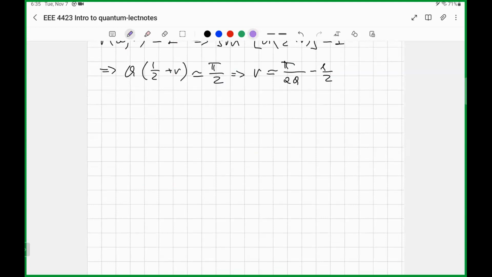So theta over 2 is approximately equal to 1 over square root of N. And from here we conclude that theta is approximately equal to 2 over square root of N. Now I can plug this into the previous result and get the formula for the number of iterations.